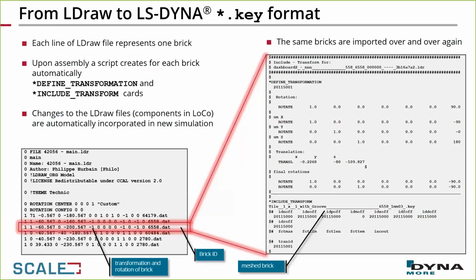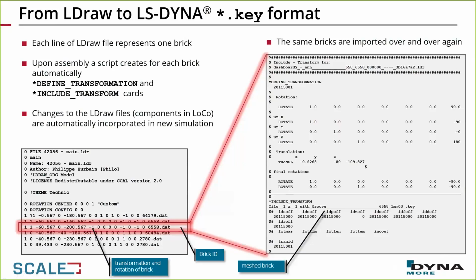And the script converts the LDraw format to LS-DYNA. This is done by transferring the positional and rotational information of each brick to LS-DYNA transform cards, and using an include transform to import the same brick over and over again.